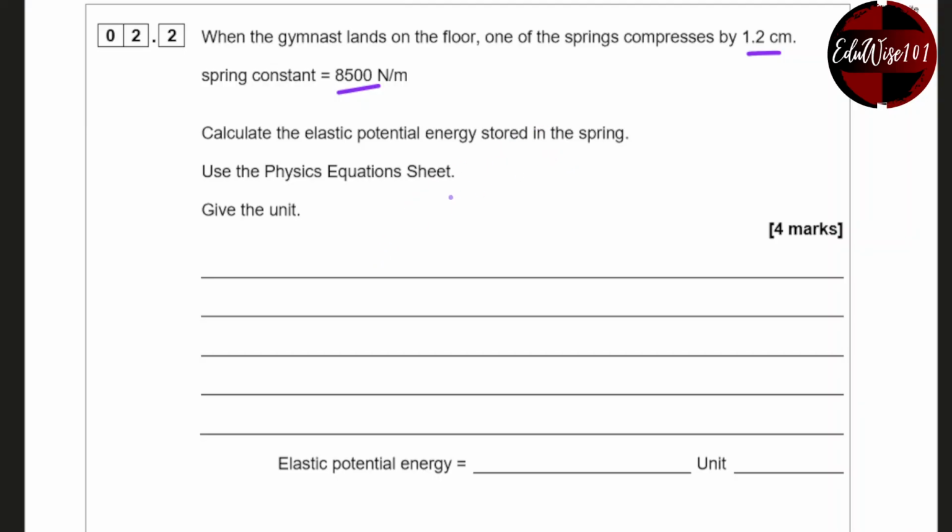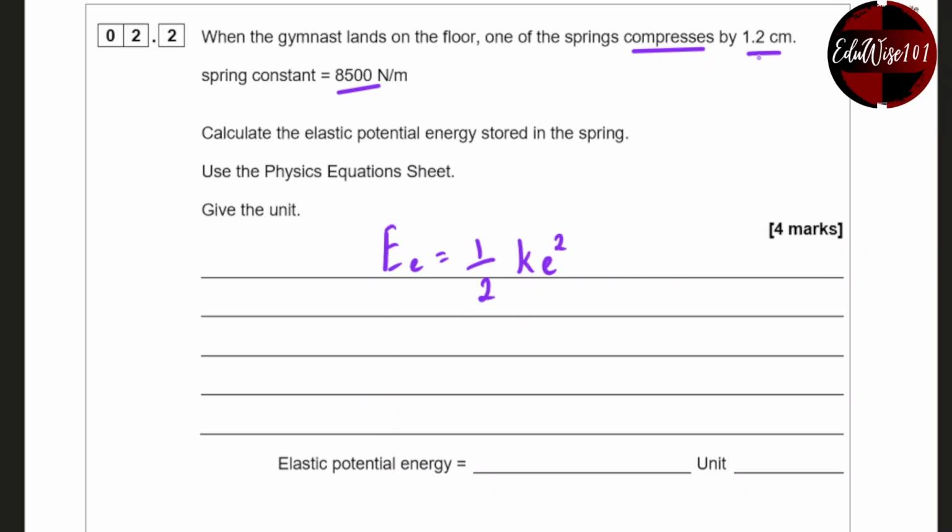So how do you calculate? Using the compression. Now compression and extension, you can treat them the same. So elastic potential energy EE equals half k e squared. k is the spring constant, e is the extension, or here you could use it as the compression.